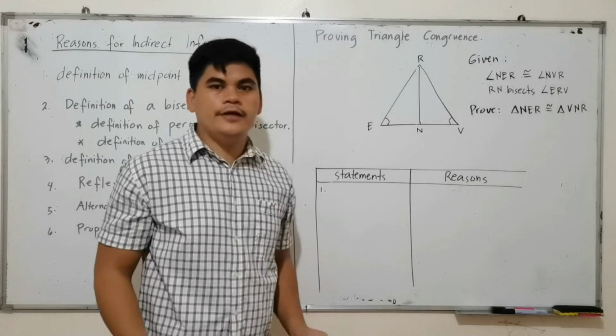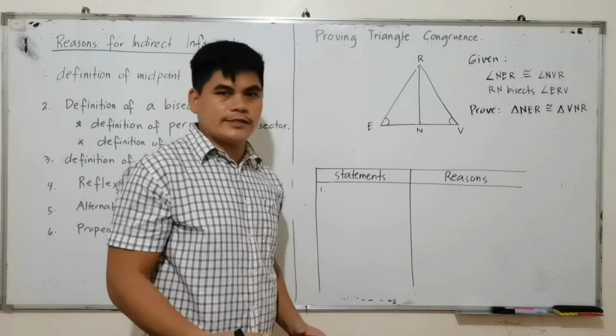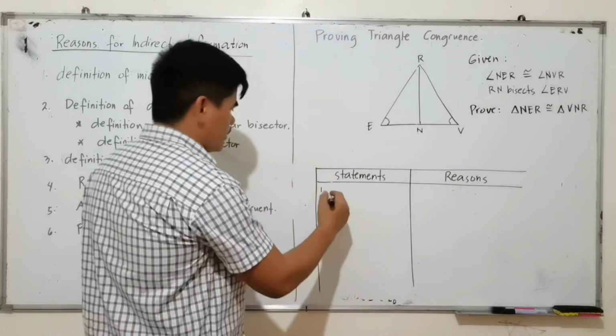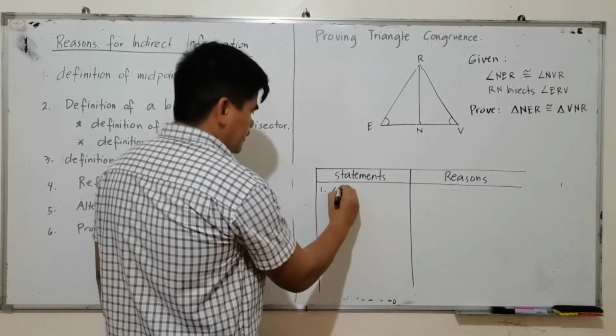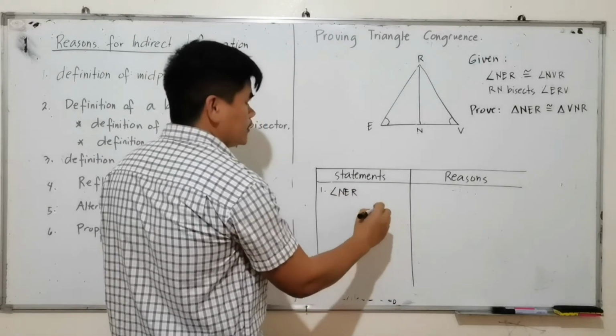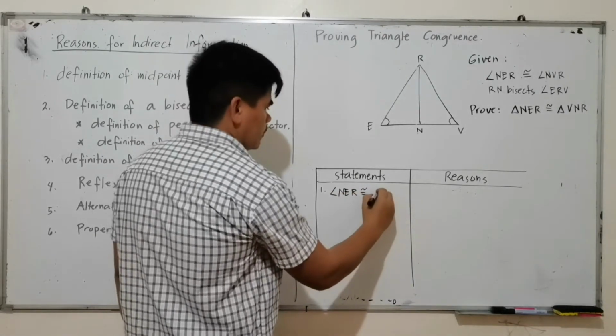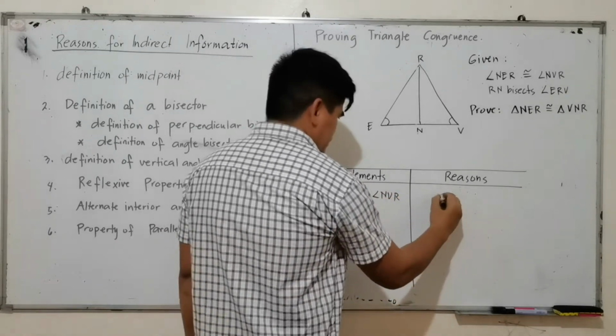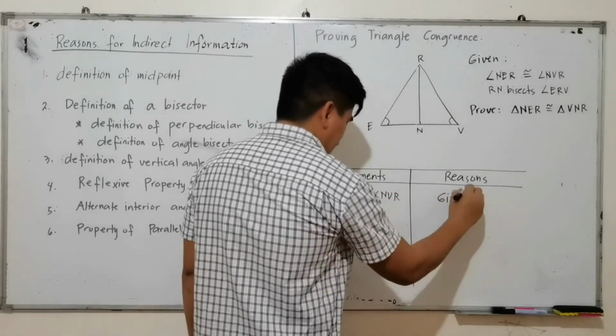We have to gather the information which is already given. So we will write angle NER is congruent with angle NVR. What is the reason? The reason is given.